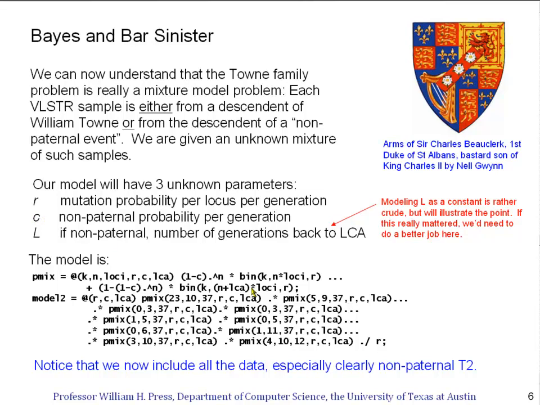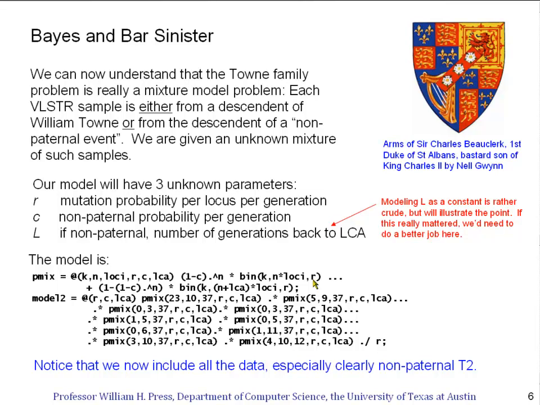How does that work? Well, here's the binomial that's the probability that you are your father's son. It says that the number of mutations k that you've accumulated is just what you would expect by going n generations with a certain number of loci and a mutation probability per generation r, one of the parameters.